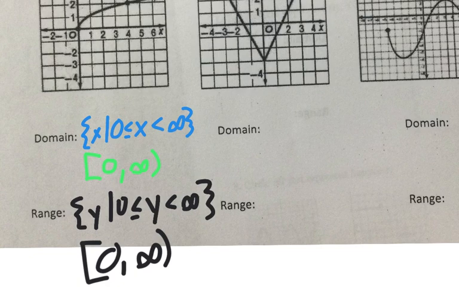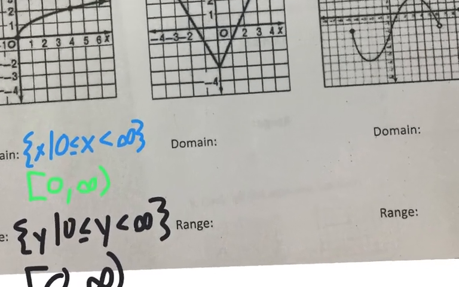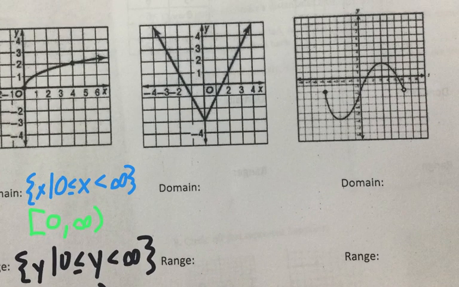Okay, so we're from 0 to infinity on the range as well. So it looks the same. Okay, when we look at the next one, 11, start with the domain. The domain is the x. So what's the lowest x the graph takes on?